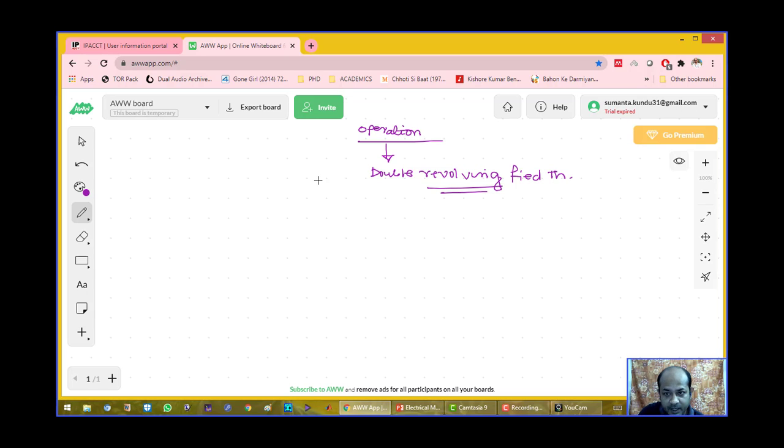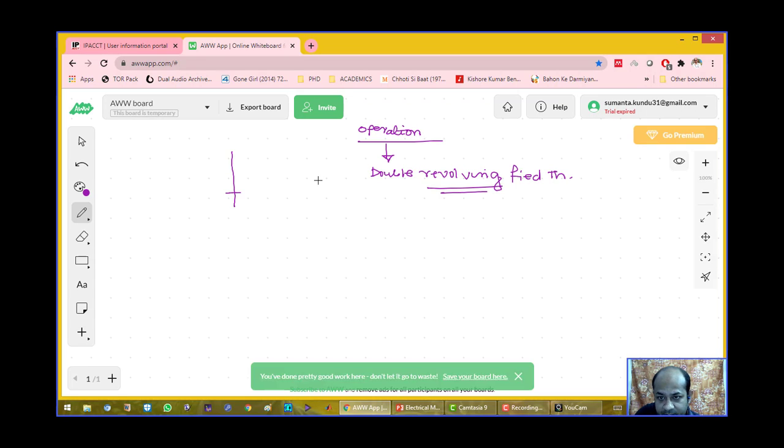And we have seen that in case of single phase induction motor, there is a production of pulsating magnetic field. And according to double revolving field theory, this pulsating magnetic field comprises of two different fields.